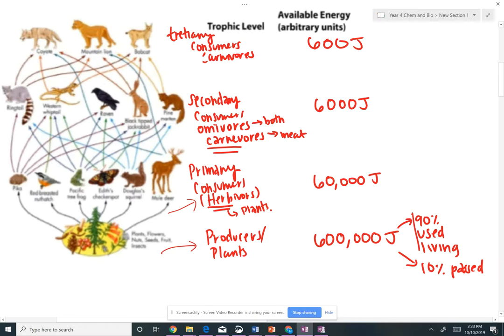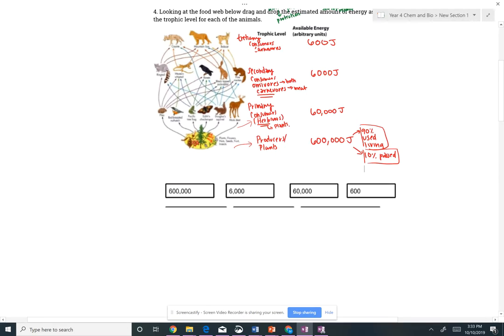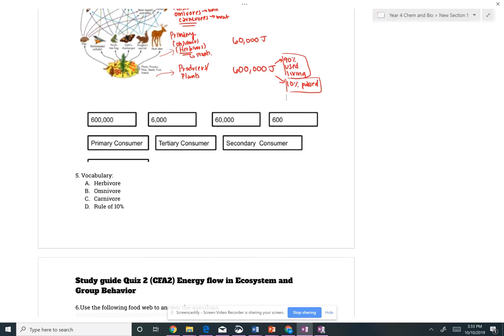Again, for each level, 90% is used for living, 10% can be passed. So over time, there's just less energy available as you go up the food chain. That doesn't mean that the food isn't nutritious or anything. It just means that there is by far less energy that is there. Okay, so that is our thing on there.